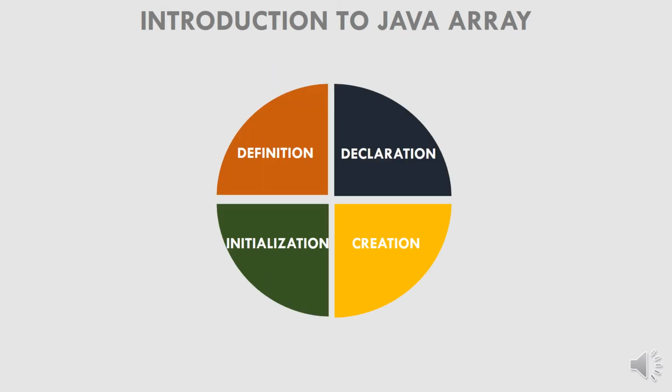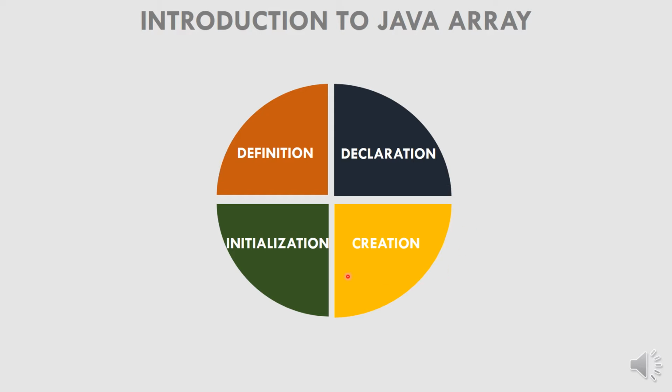So this chapter consists of four main topics to be discussed. Begin with the definition of array. The second topic is declaration of array. I'm going to show you how Java declares an array variable with an example of Java code, of course.